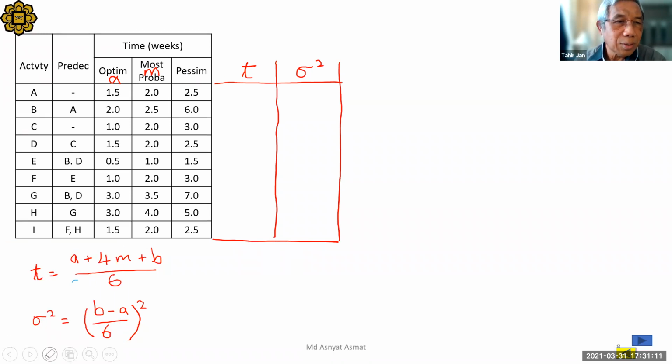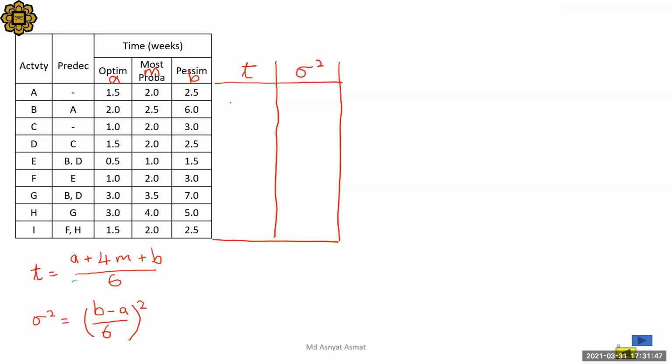My handwriting is not good. Okay. We're ready for the first activity. Let's find expected time for activity A. A plus 4M plus B: 1.5 plus 4 times 2, which is 8, gives 9.5, plus B, 2.5, divided by 6.